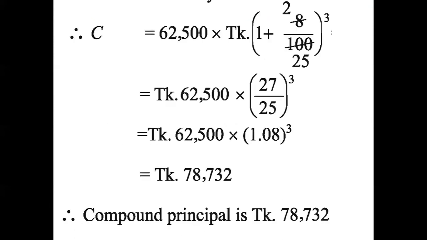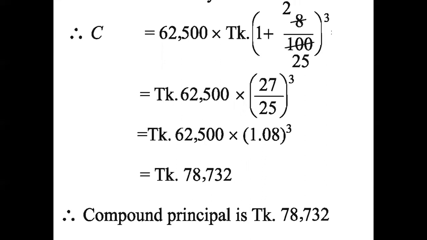So putting the value of P, R and n, we get 62,500 into 1 plus 8 by 100 whole to the power 3. Then calculating with 8 and 100, we get 2 by 25. Then adding with 1, we get 27 by 25.